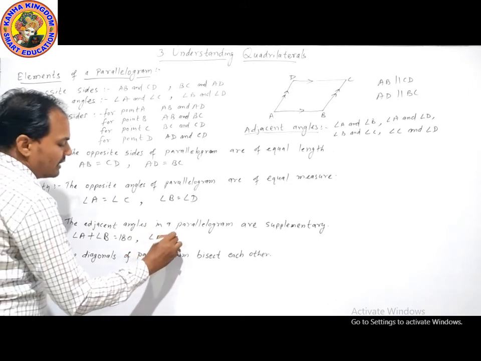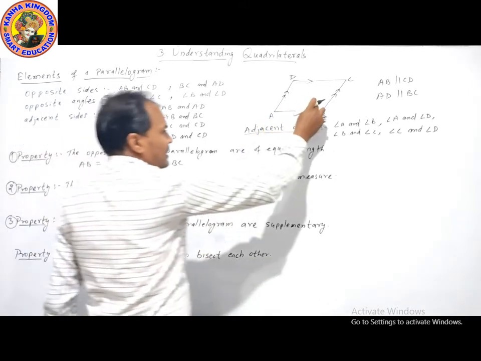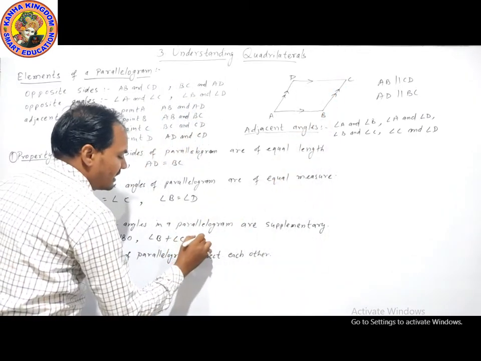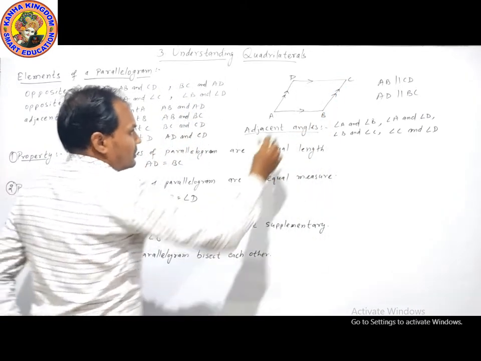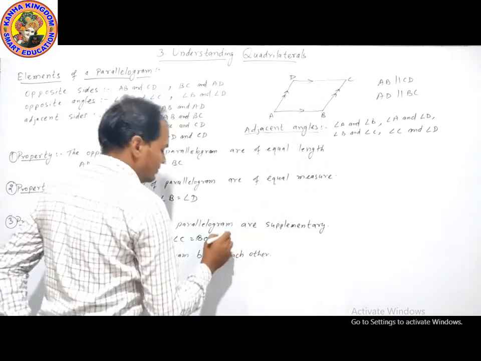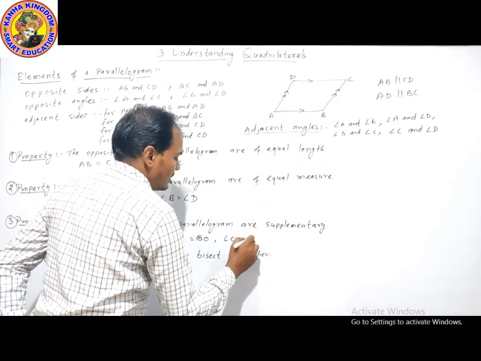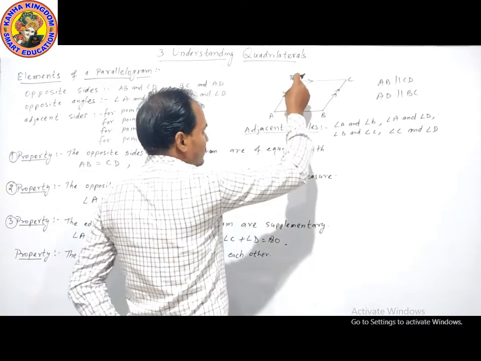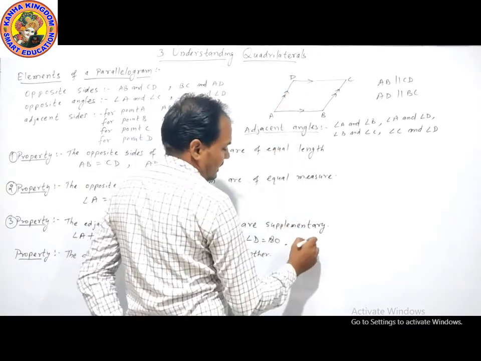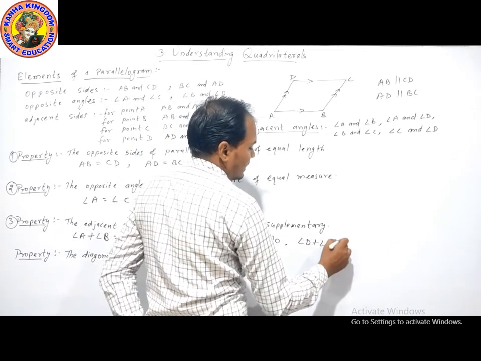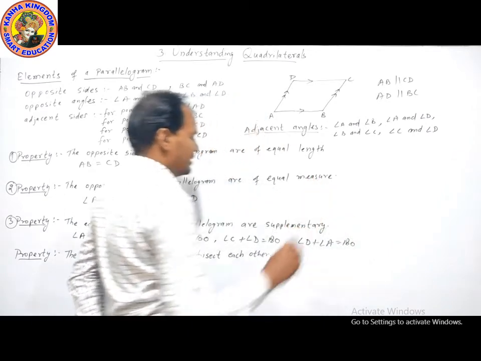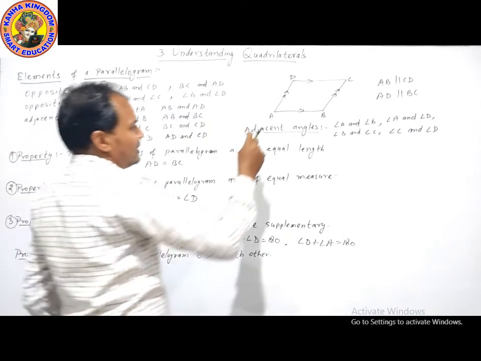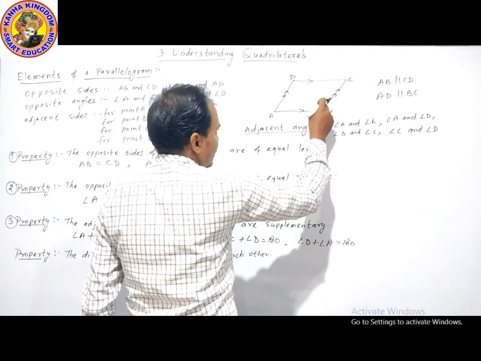Angle B is adjacent with angle C, so these are 180. C and D, angle C plus angle D is 180. D and A, angle D plus angle A is 180. The adjacent angles are supplementary, meaning their addition is 180.